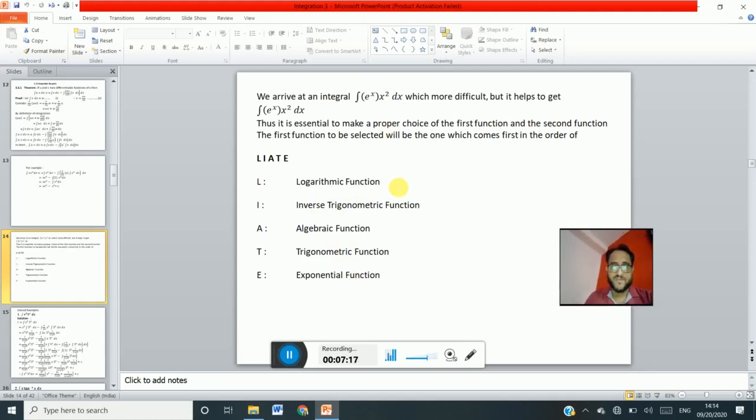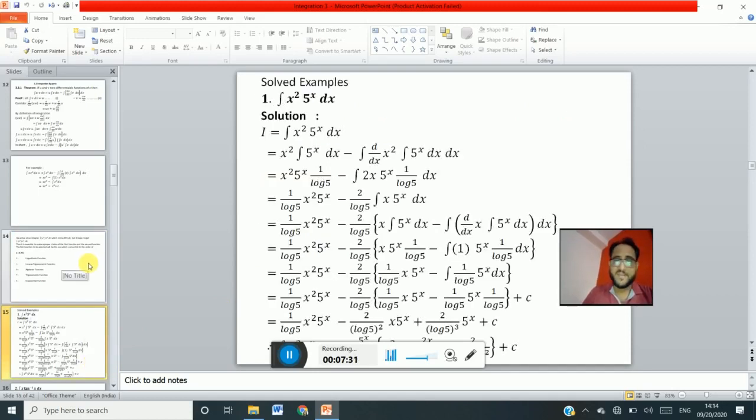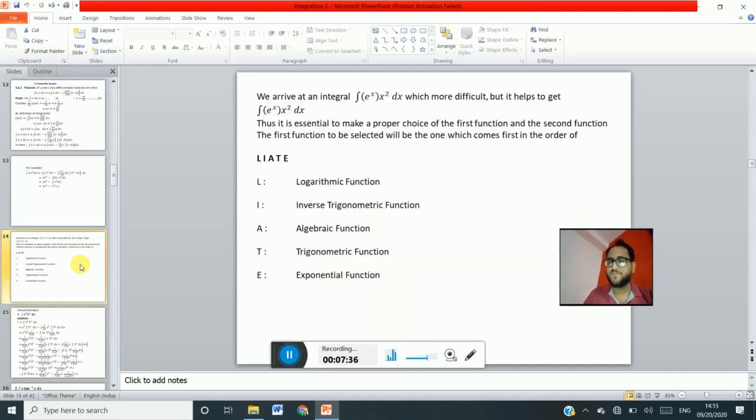So in this way, by using this LIATE rule, we have to choose the first and second function for integration by parts. You have to remember this, because this is a very important thing. In derivative there is no rule for the choice of the first and second function, because in derivative we have used the product rule, and in the product rule there is addition of the two functions, right?